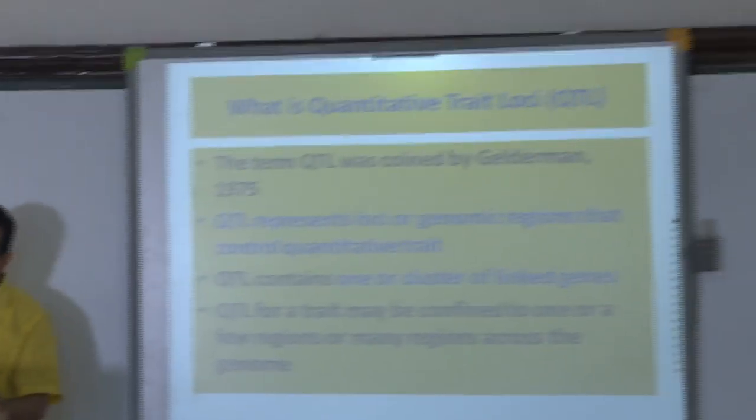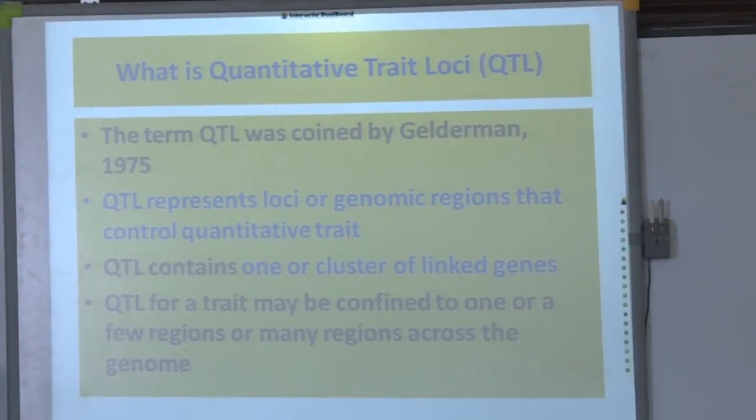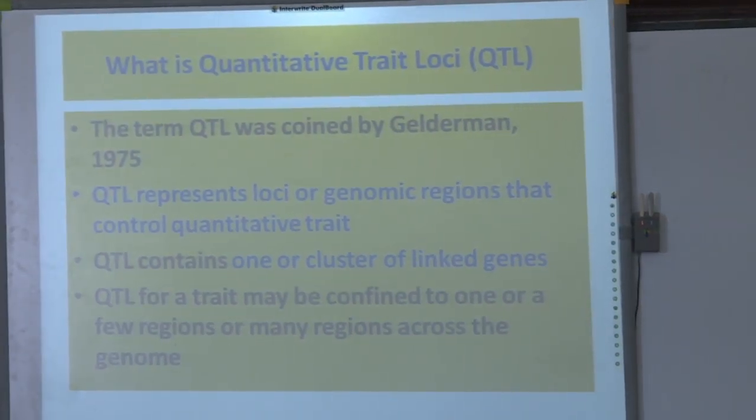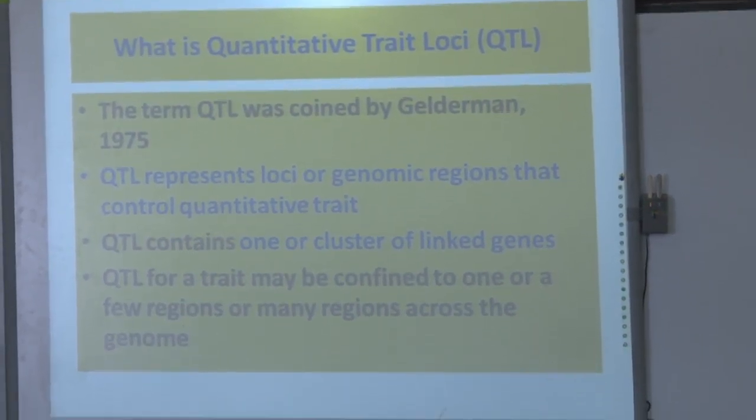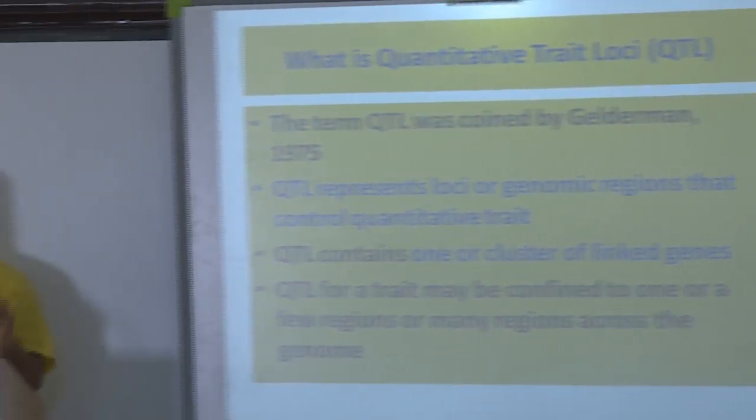Now it basically represents a genomic region that is responsible for controlling a specific trait. You are not talking about a single gene, you are talking about a genomic region. So that difference should be in your mind in future, because if you keep this word in mind, many questions you will be able to answer.